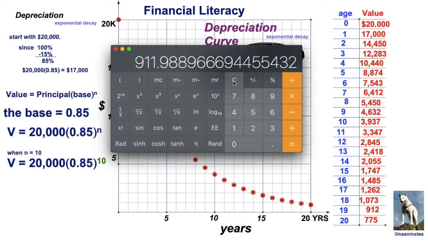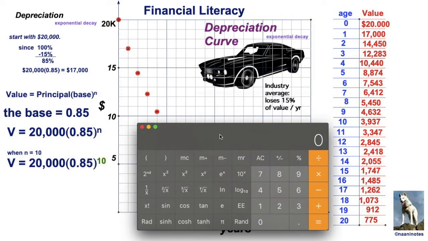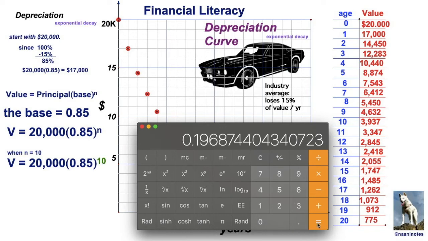We're going to take this, let's clear this bad boy out, and we're going to say, let's just take this car, because imagine we haven't done the graph. And we're going to take 0.85, because that's our base. And we're going here, y to the x power. That's where we raise it to a power. And we're going to raise it to the power of 10 equals, ooh, you know what that says?